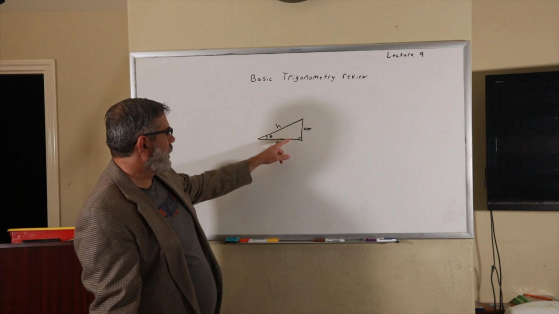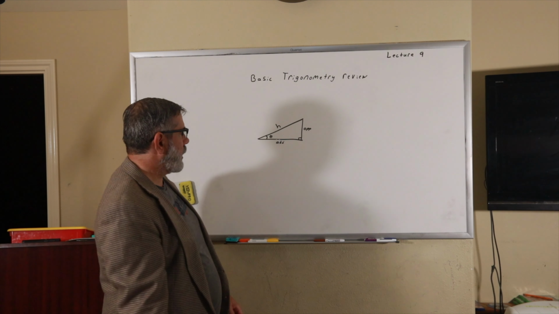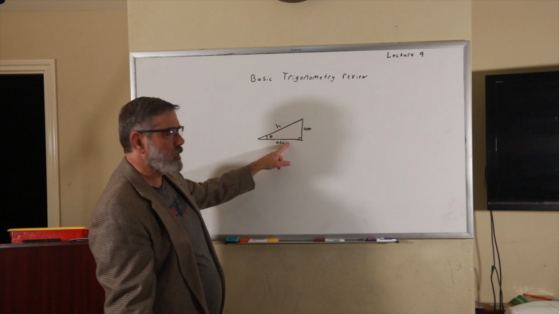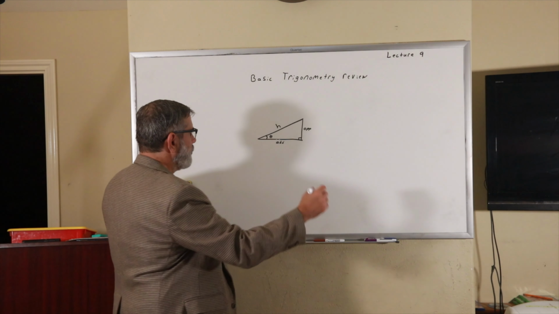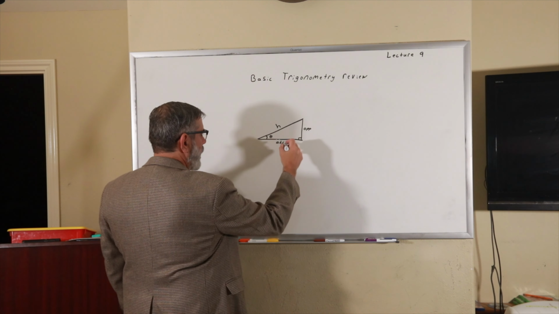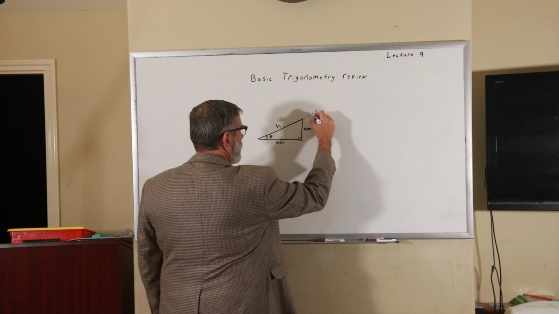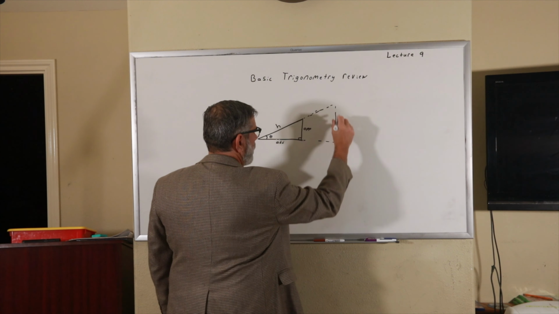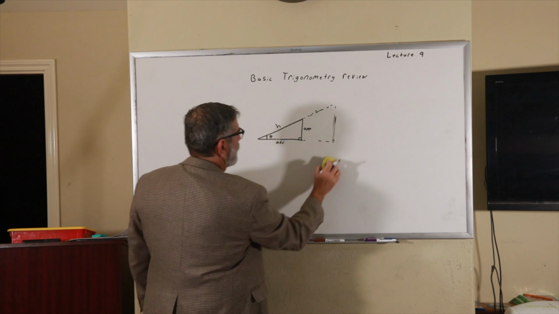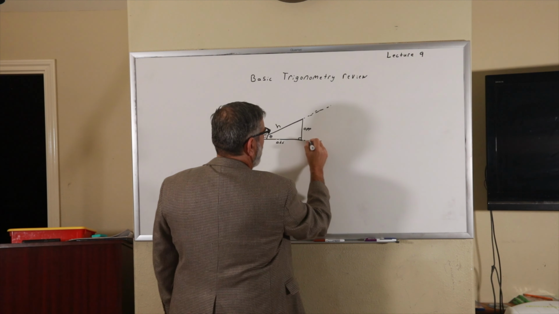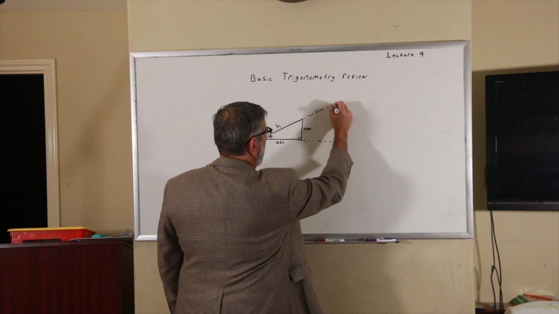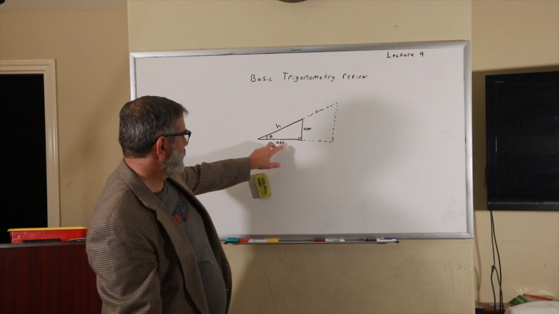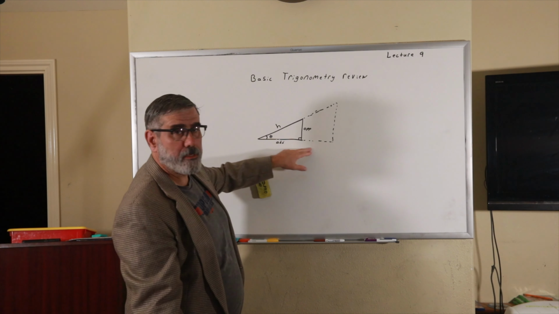Now, for a given triangle, like say the 3, 4, 5 triangle, the ratio of the opposite side to the adjacent side will be the same for similar triangles. So if I were to extend this out just a bit, that's a terrible line there. So if I can fix that. Like so. If this was originally 3, then this new side length would be 6.